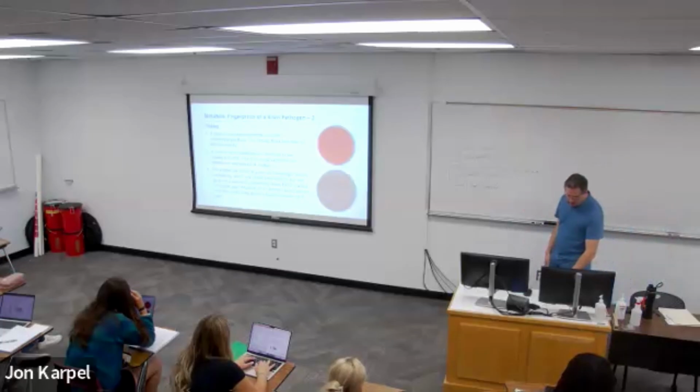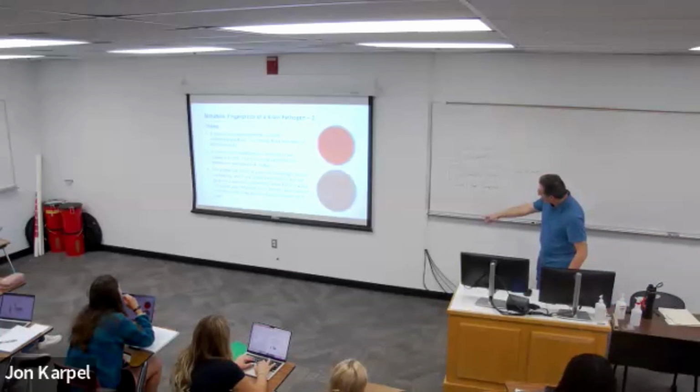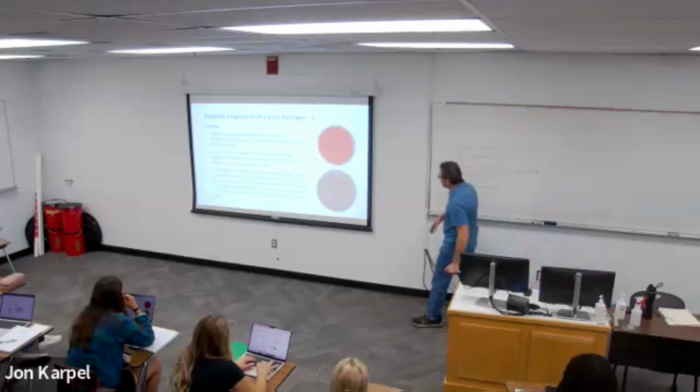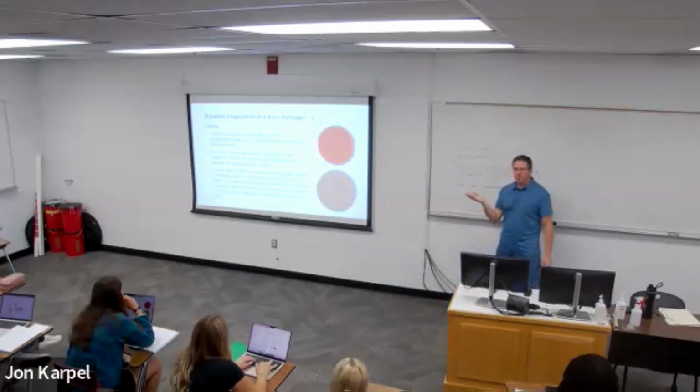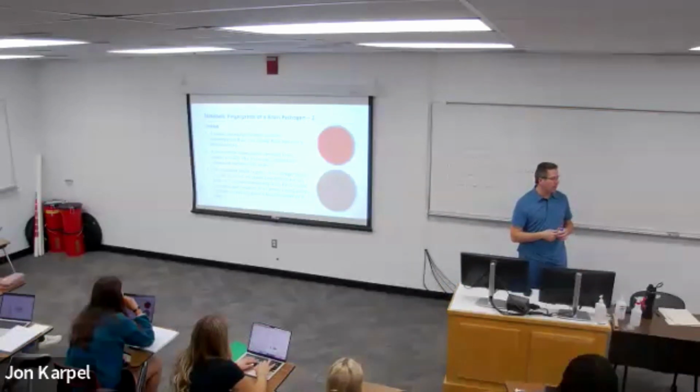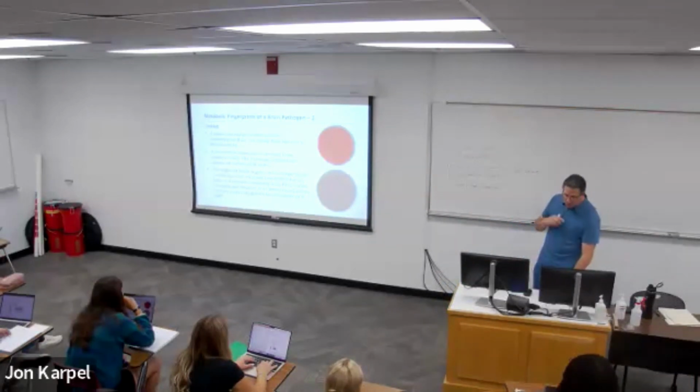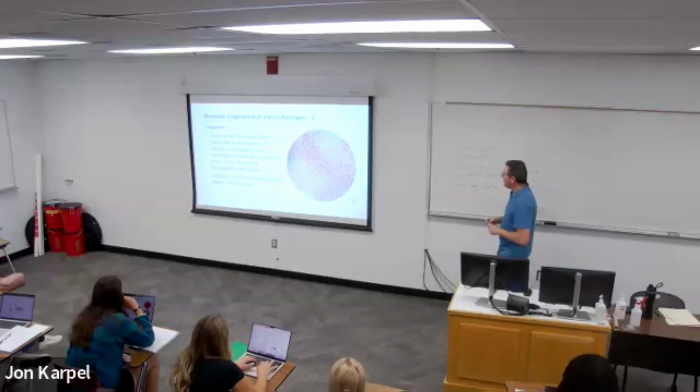Okay. So this particular individual, they grew it on a couple of different plates. One of them actually had red blood cells in it. So you can buy plates like this, and this will tell you if bacteria have what are called hemolysins, which will break up red blood cells.